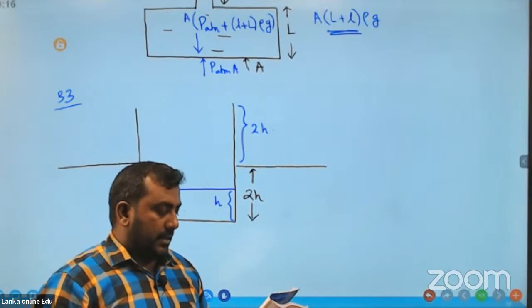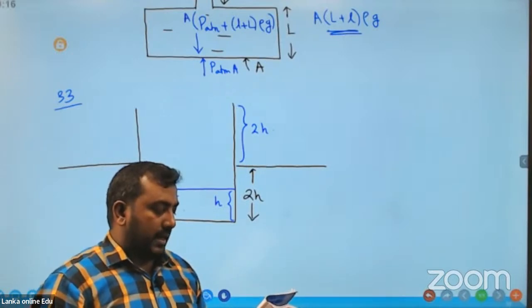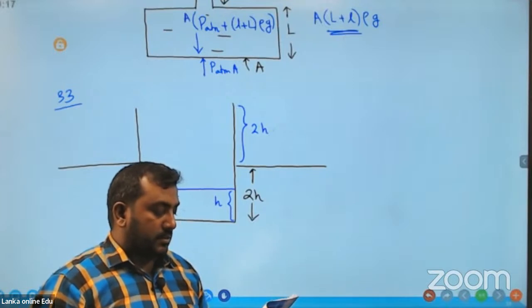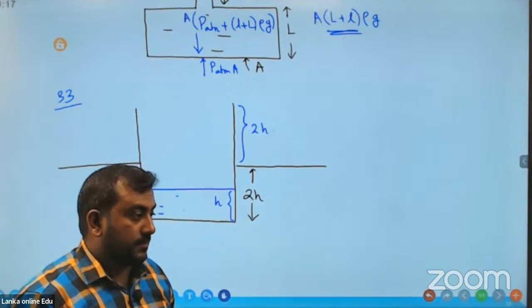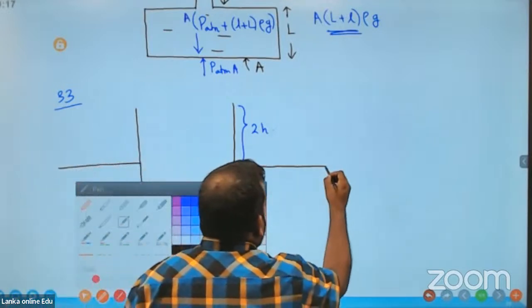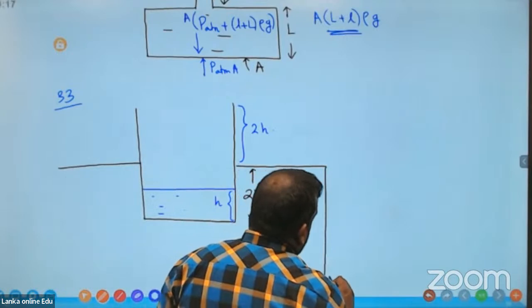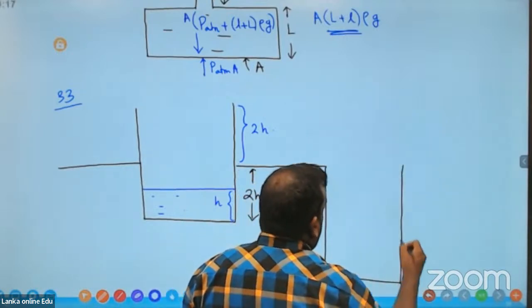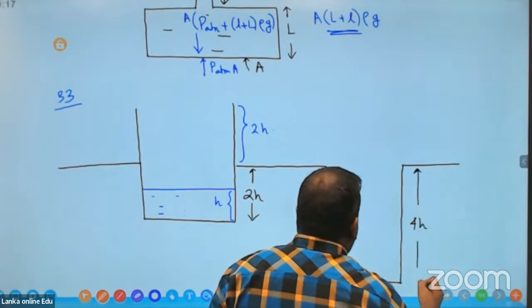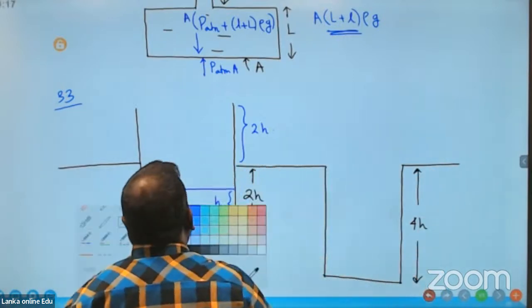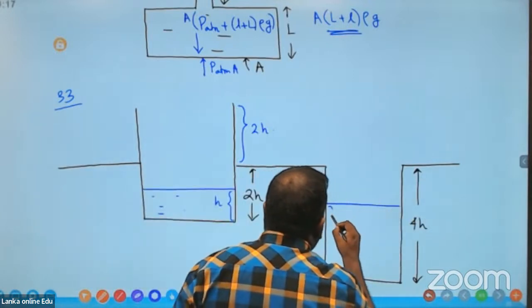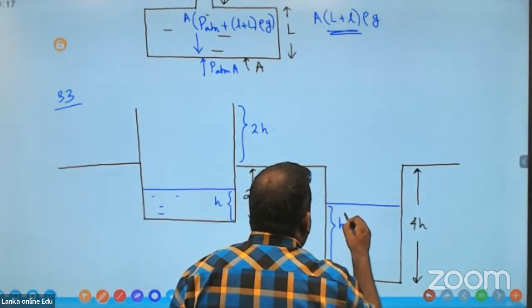If the cylinder is to be floated with its almost entire height underwater, the water level inside the cylinder has to be raised from H to how much? Now they are saying, if the complete cylinder should be underwater, that means 4H is underwater, up to what height should you fill water? Or the height should increase from where to where?